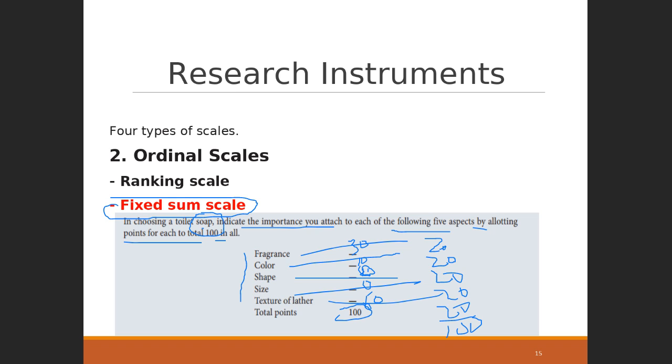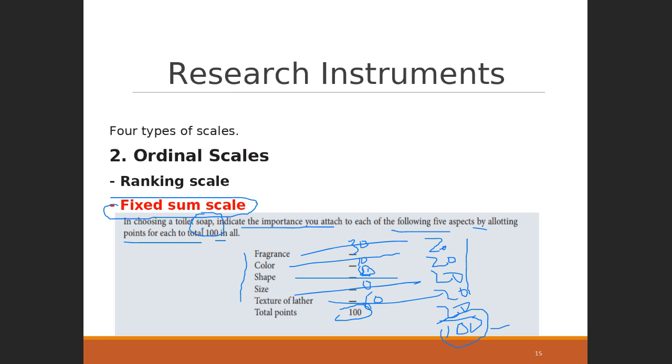So this is one of the ways to rank your preferences as well, that you divide your 100 points in such a way that the total is exactly 100. So you can allocate or allot the points for each characteristic according to their relevance to your preferences. Okay, so these are the two types of the ordinal scale.